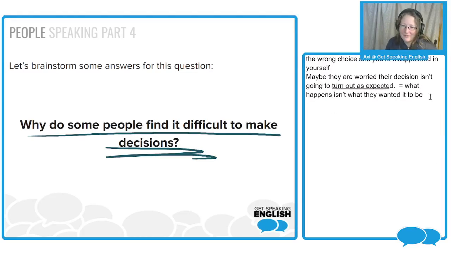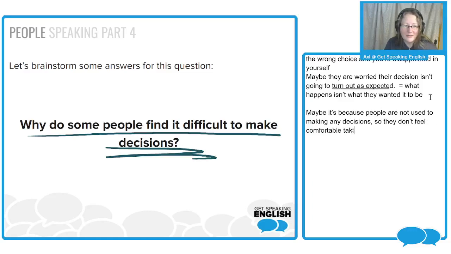Yeah, okay. So maybe it's because people are not used to making any decisions. So they don't feel comfortable taking on the responsibility of the consequences. Yeah, so that's a good point, right?